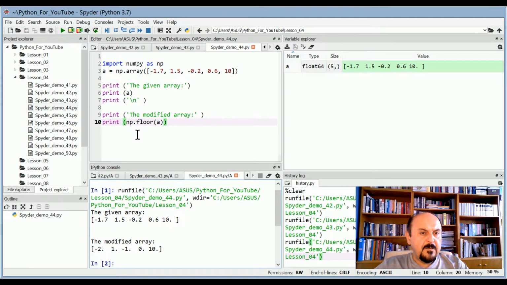This is the initial value. So the modified array will be -2, 1.5, -1, 0, and 10. I can explain this. It's decreased to the floor, to the bottom value of that number system.